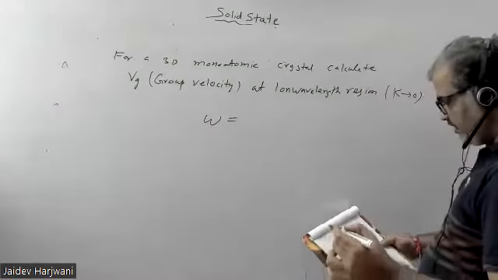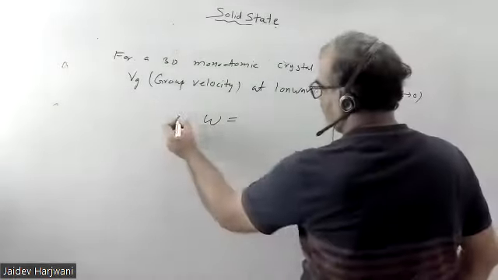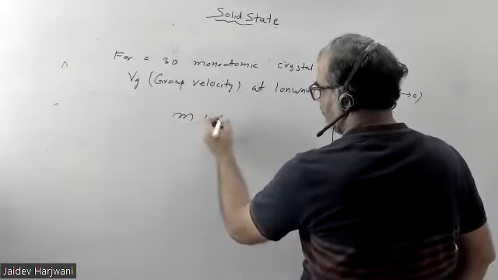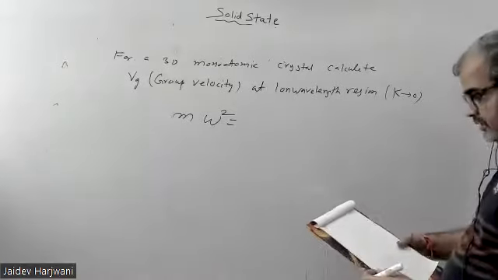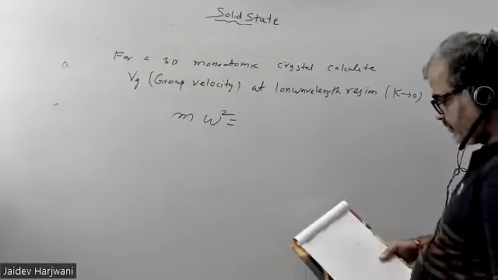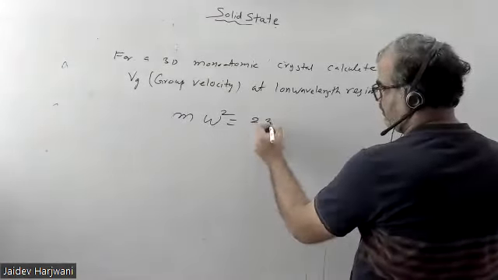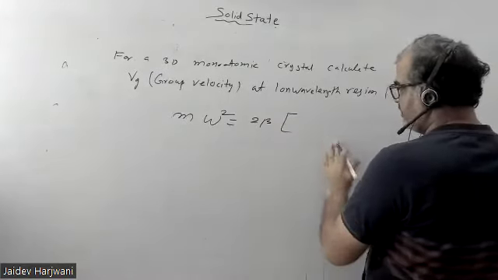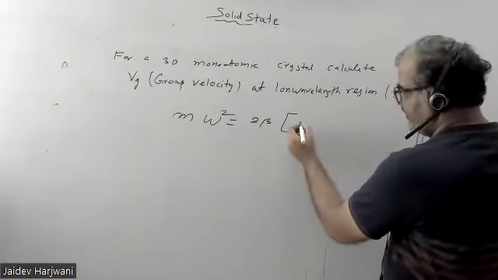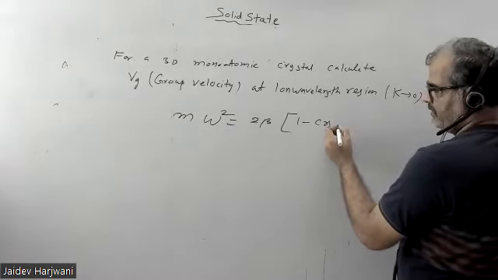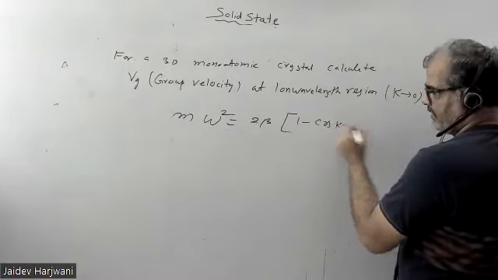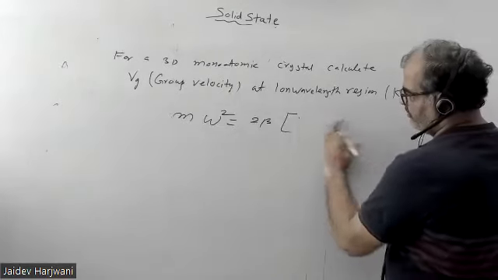We know what m omega square is. For one dimension, m omega square is equal to 4 beta by m sin k. Generally the relation is 2 beta times 1 minus cos k.